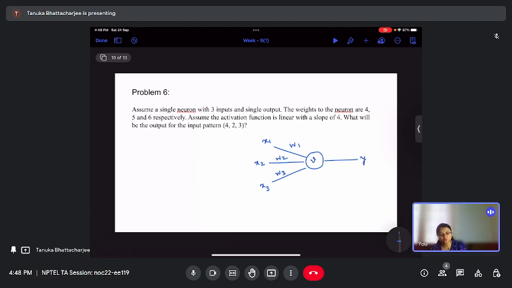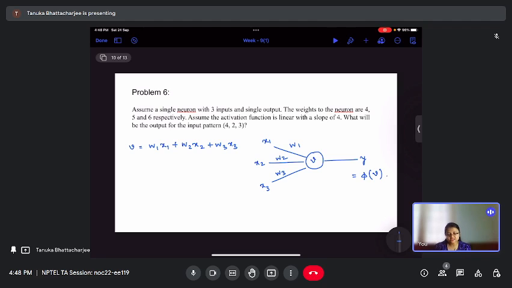Okay, so what will be the equation of your V? V will be equal to w1 x1 plus w2 x2 plus w3 x3, and the final output you get is y equals phi of V, where phi is the activation function.